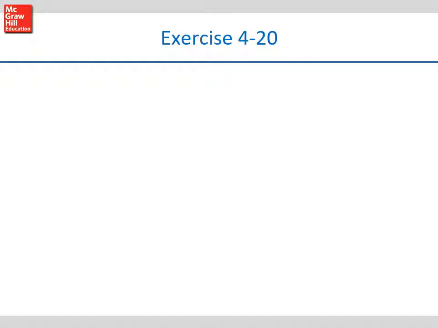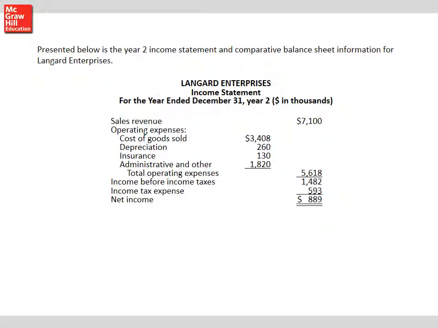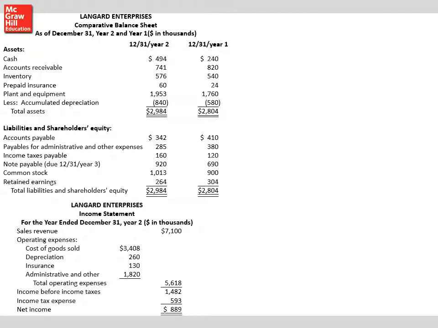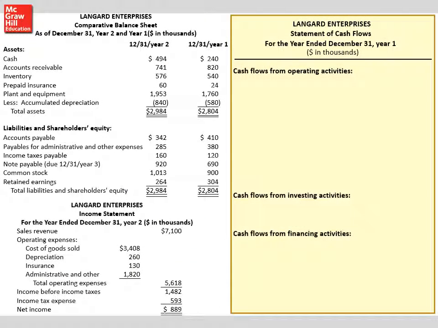Exercise 420, we're going to go to next. Again, presented below is the income statement and comparative balance sheet information for Langard Enterprises. We are going to create a statement of cash flow from it, first operating activities.